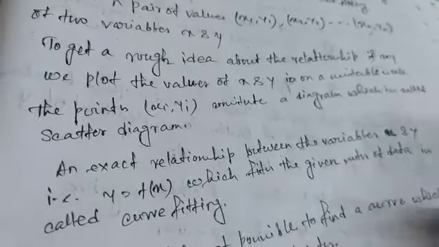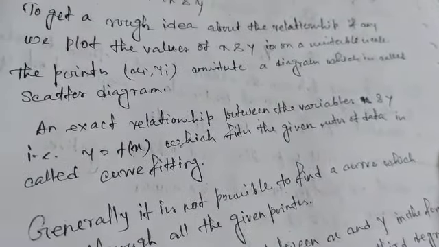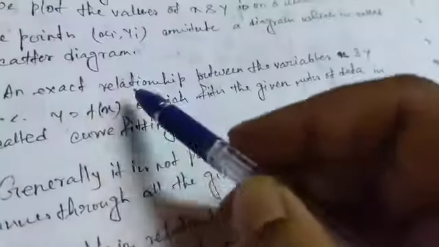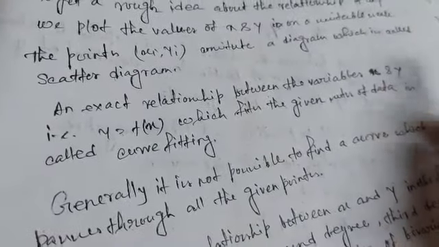And now an exact relationship between the variables x and y, suppose y is equal to f of x, which fits the given set of data, is called curve fitting.